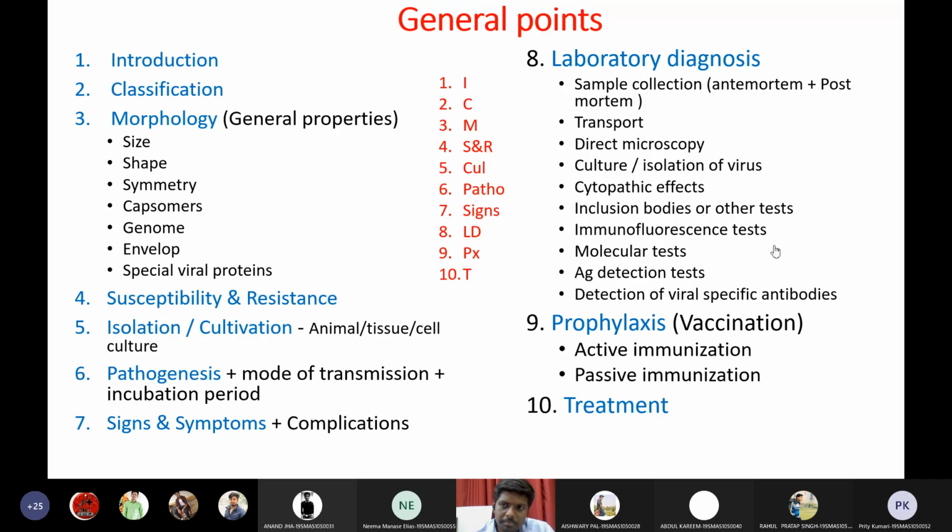Yes, tell me. Yes, sir. Why does polio affect children more than adults? Because children have comparatively less immunity compared to adults. That is the primary reason. Children are more prone to the virus because of their immune activities.